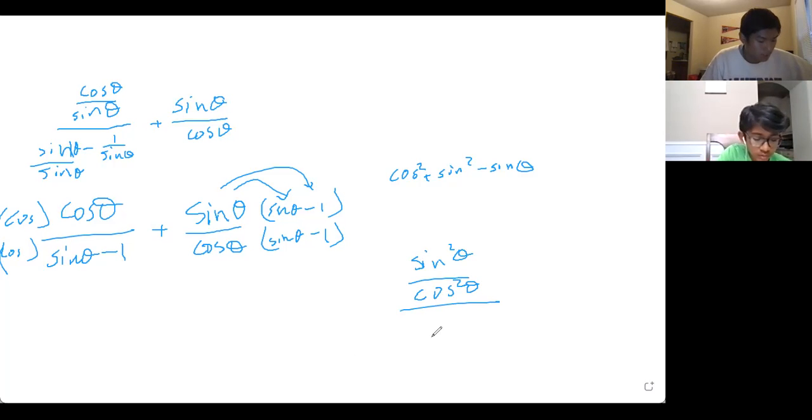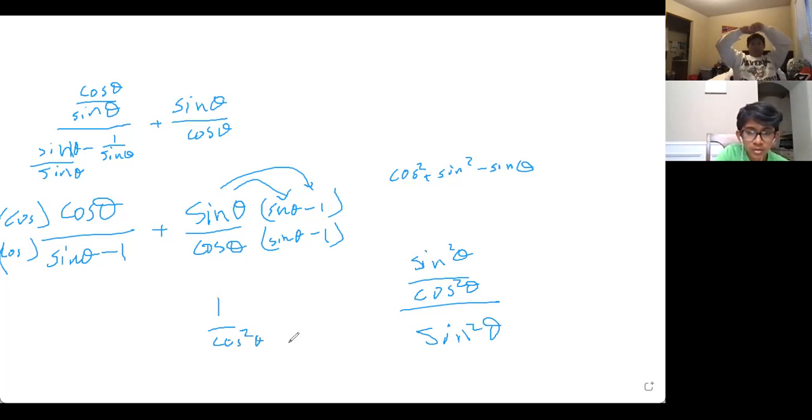Wait, you have something like this, right? That's just 1 over cosine squared, because the sine squareds cancel out, because we divide them. Okay.